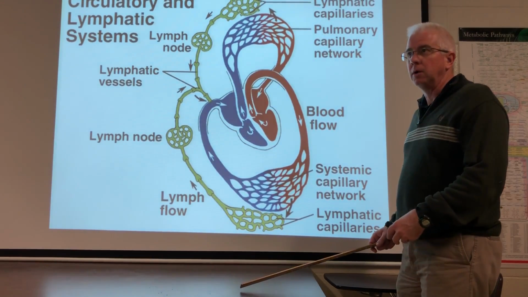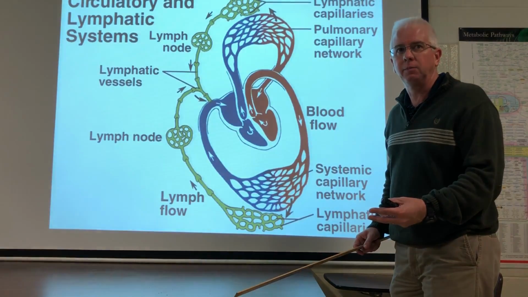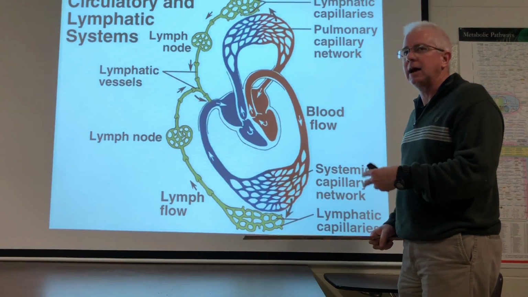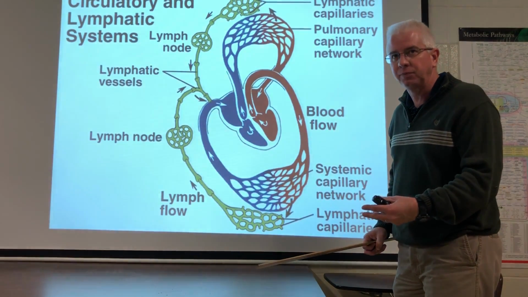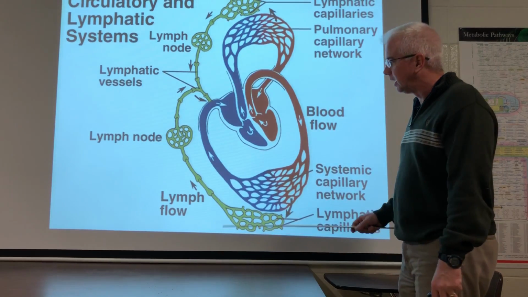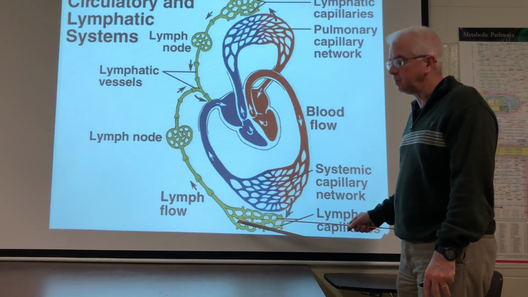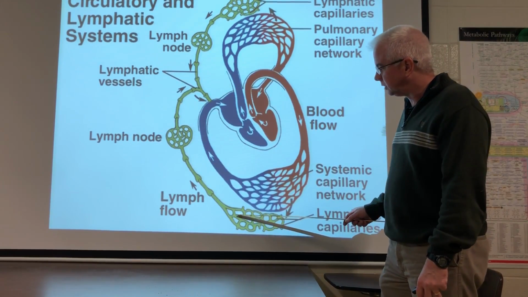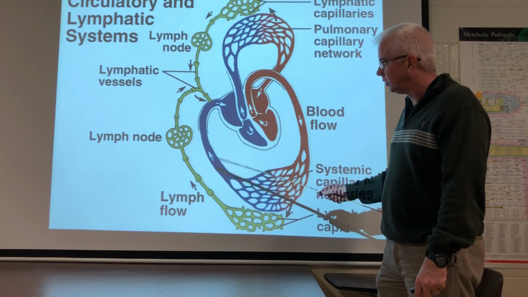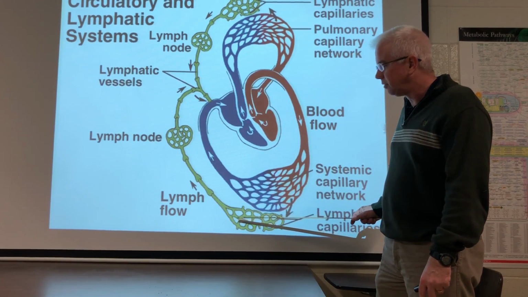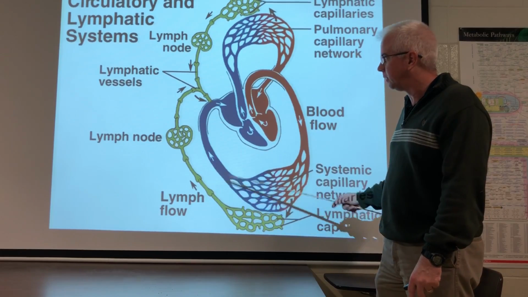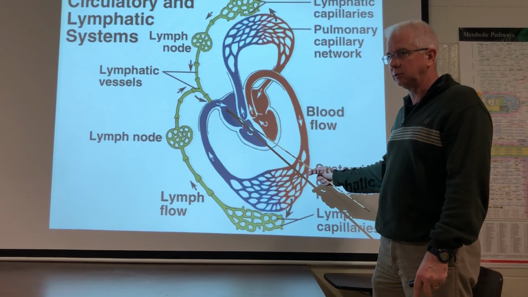So cancer cells, for example, any kind of pathogens present in the tissue spaces can get into these lymphatic vessels. And the logic of the body tells you that you do not want all of the material that can be taken up by the capillary re-entering circulation.